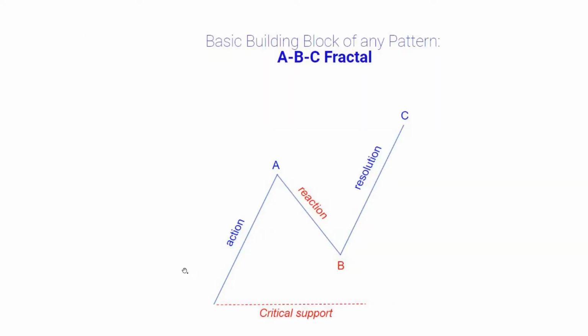This is ABC up fractal, and this is the main building block of more complex patterns, and in a second you will see why I'm showing it to you, because this is a crucial point in the whole harmonic Elliott wave theory, and if you understand that basic fractal, that will tremendously improve your trading. And again, just be patient and I will explain why.